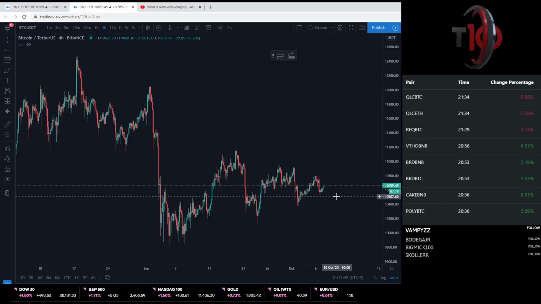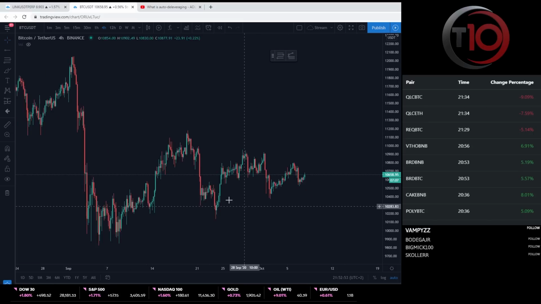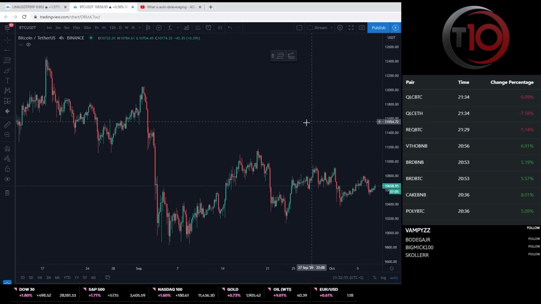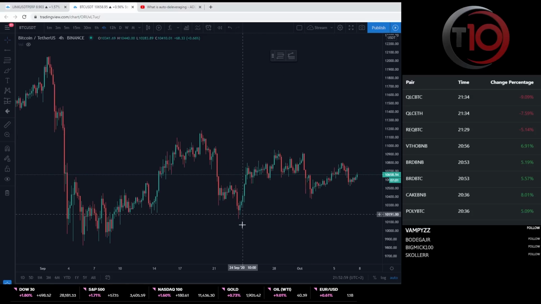Yeah, so they need to gain something. I did a small long here. Also took this one, ladder in. This was an algo level, but it was also that they first tested the top of the zone.